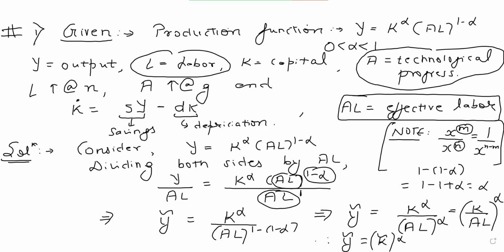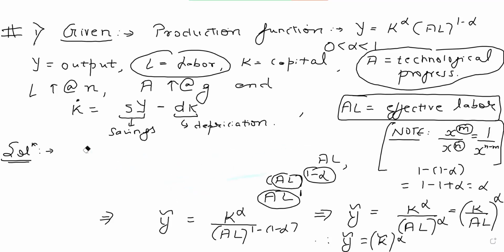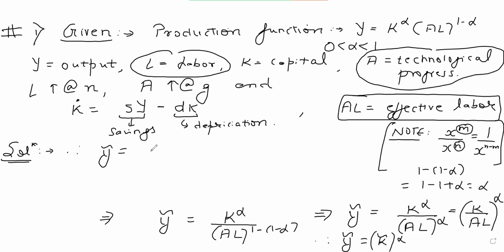So this gives me the production function in per effective worker terms. If I erase this initial part off now, I can write that therefore Y tilde is equal to K tilde to the power α, where Y tilde is Y/AL, which is equal to output per effective labor.